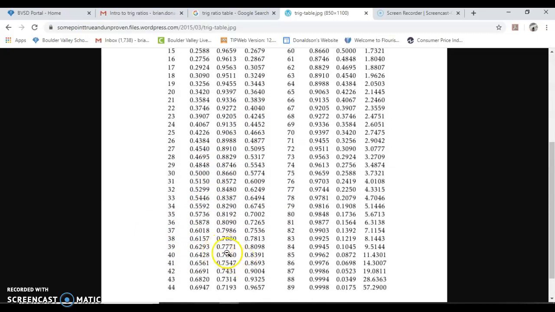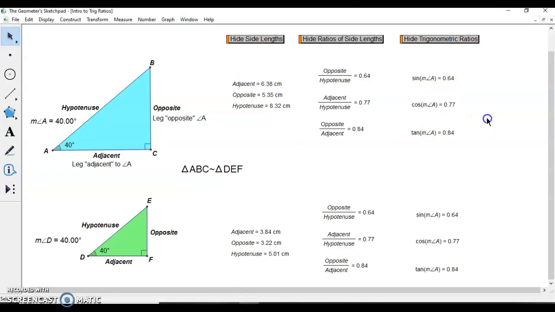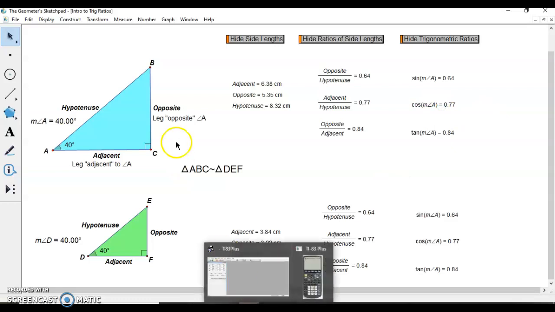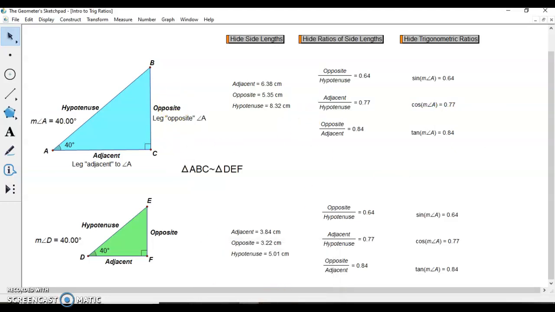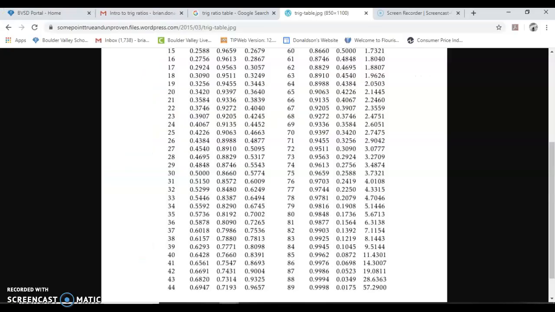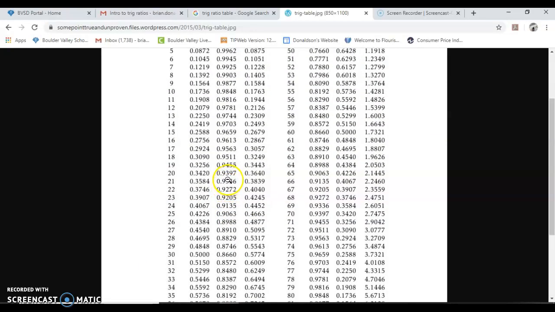It is 0.766, or 0.77, and if I go back to the nerd program, that's exactly what I found. So you could do this exact same work for any triangle regardless of the angle measure, because you would simply use this table. Maybe instead of a 40-degree angle, I had a 20-degree angle. Well, the opposite over hypotenuse, or the sine ratio, would be 0.34.